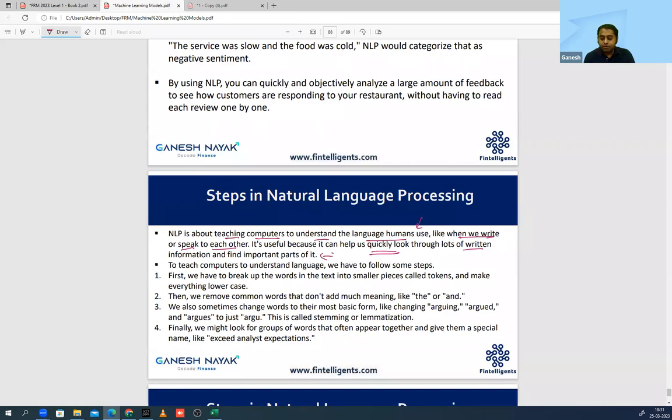For example, if you want to teach the computer, the first step that you'll have to do is whatever sentences we have, we'll have to break up words into text of smaller pieces, और वो एक-एक piece को हम क्या बोलते हैं? Tokens. Okay. Next thing will be all the tokens will be written in lowercase. This is important. Okay. And why is this done?